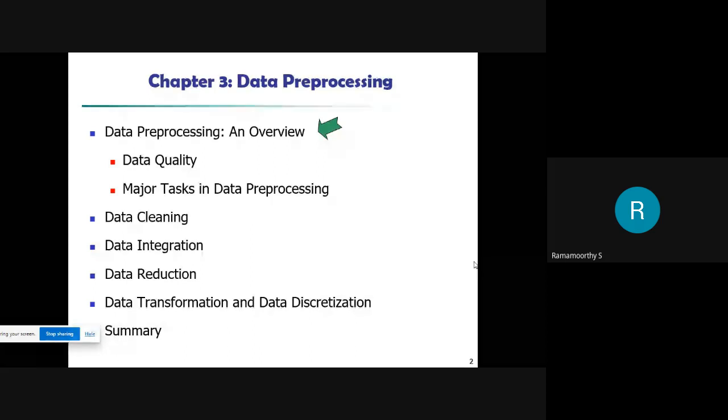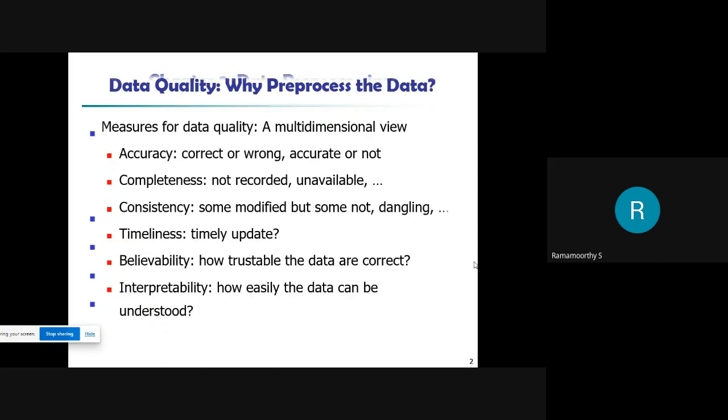Some of the major tasks associated with data pre-processing are data cleaning, data integration, data reduction, data transformation and data discretization. So these are the tasks which we are going to discuss under data pre-processing.